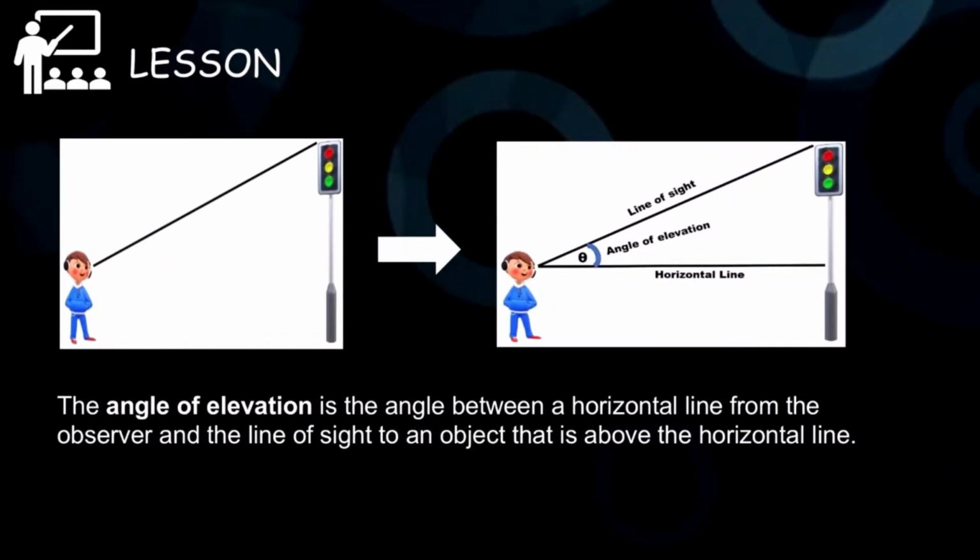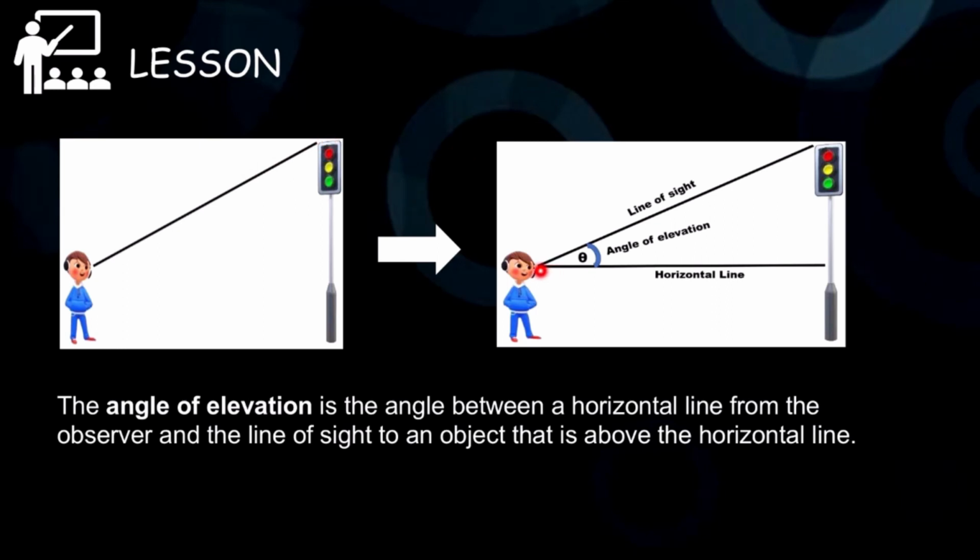Ayan, recall po muna natin ang angle of elevation. The angle of elevation is the angle between horizontal line from the observer and the line of sight to an object that is above the horizontal line. Ayan, tignan nyo po yung image sa atin sa kanan. Itong bata, itong lalaki is nakatingin sa ating stoplight.